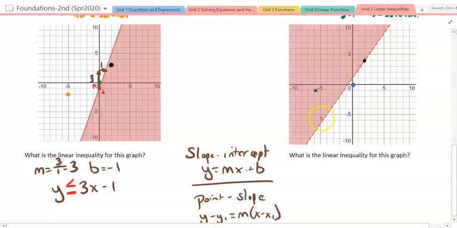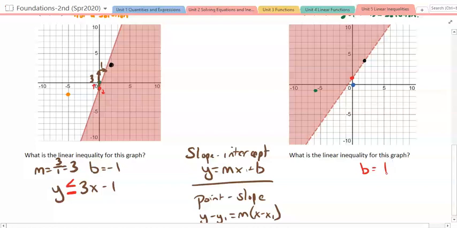Now, let's look at example 4. Last thing we're going to look at. So again, if it's nice and easy, we'll use slope-intercept form. If I can't tell that intercept very well, then we'll use point slope form. So again, I look at this graph and I can see that the y-intercept, the b, is equal to +1 in this case.